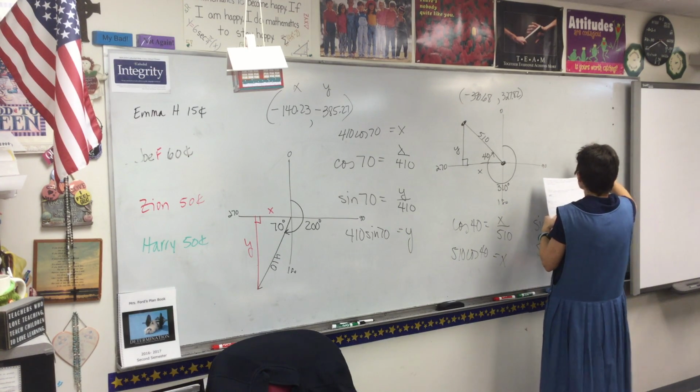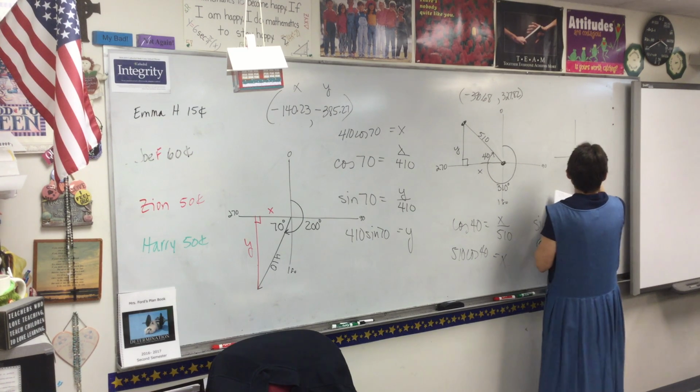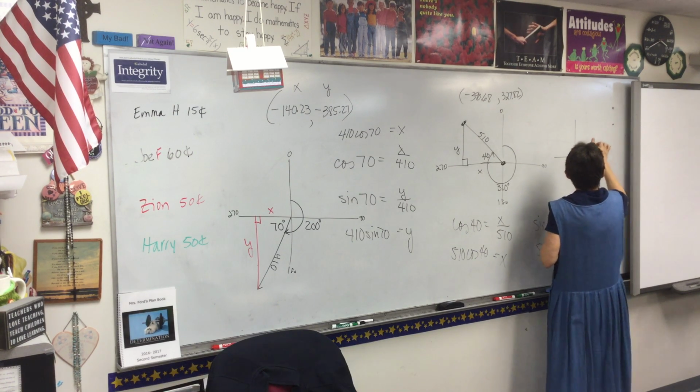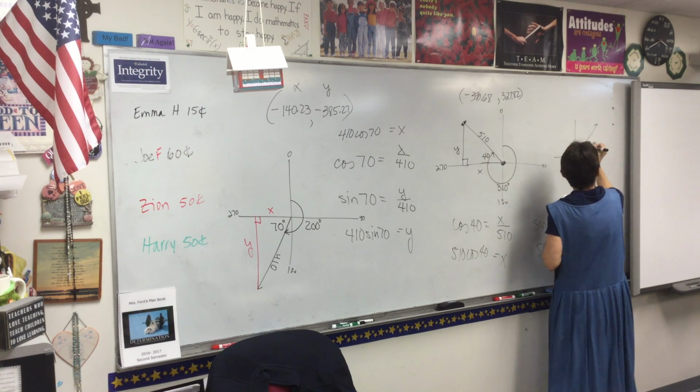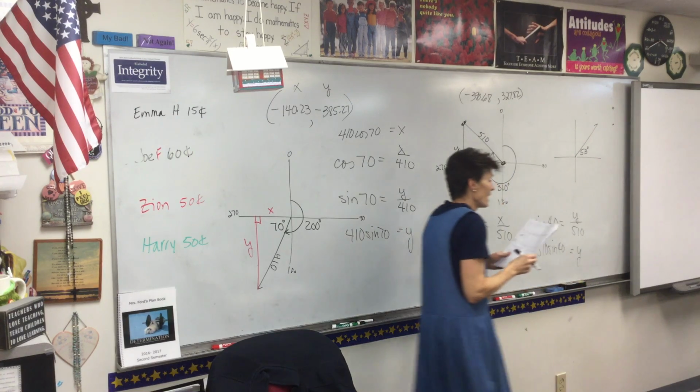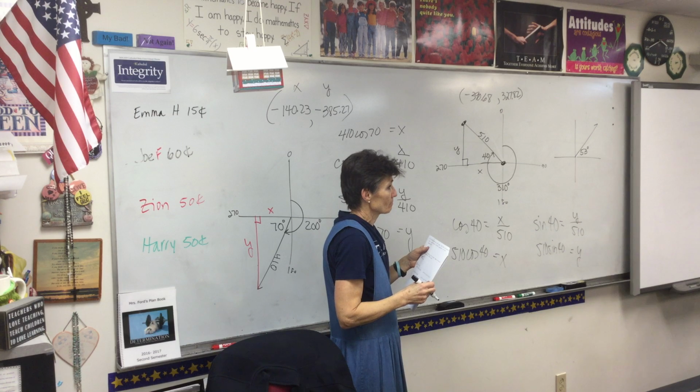A football is thrown at a 53-degree angle with the horizontal. So here's our football thrown at a 53-degree angle with the horizontal. Right?